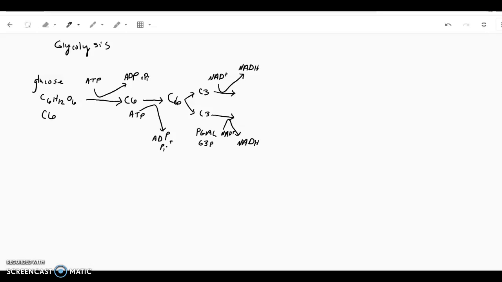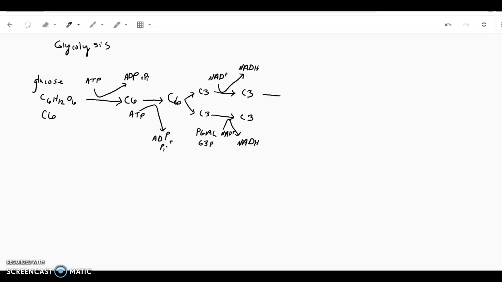And now we're going to finally get some energy out, right? The whole purpose of respiration is to get energy out. So we did get some out and put it into that electron carrier as energetic electrons. But now what we're going to do is some rearranging.